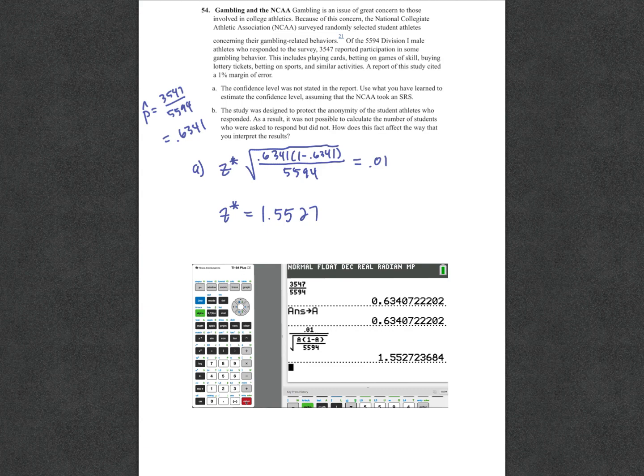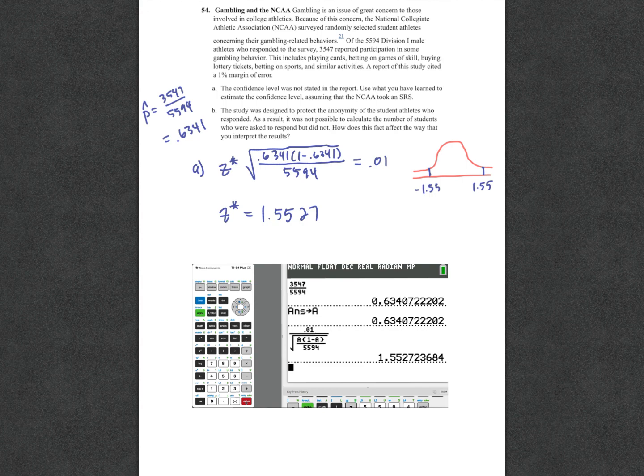Now we want to go backwards. Remember, we want to find the confidence level that's associated with this z star. Think about what we're finding on a normal curve: from here to here, our z star, 1.55, and this will be negative 1.55.